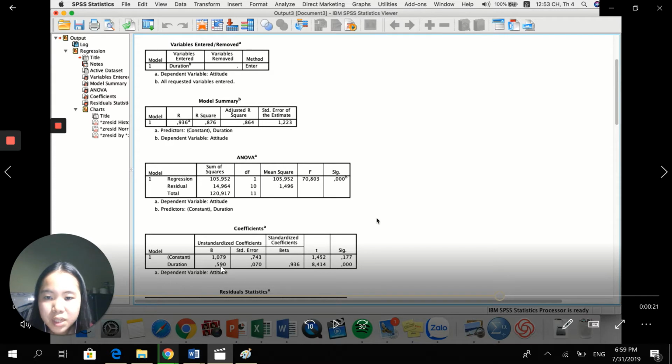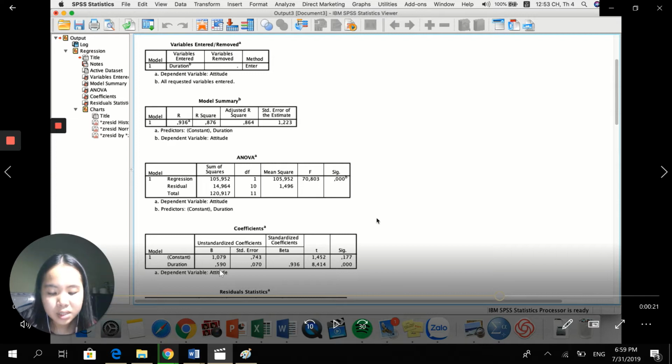So according to this result, we have the equation: y hat, which is the attitude, equals 1.079 plus 0.59 multiplied by duration of residence.